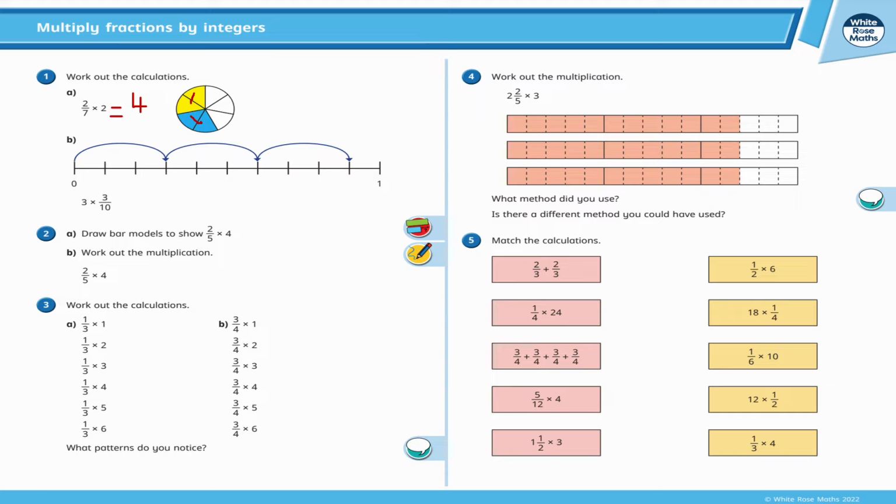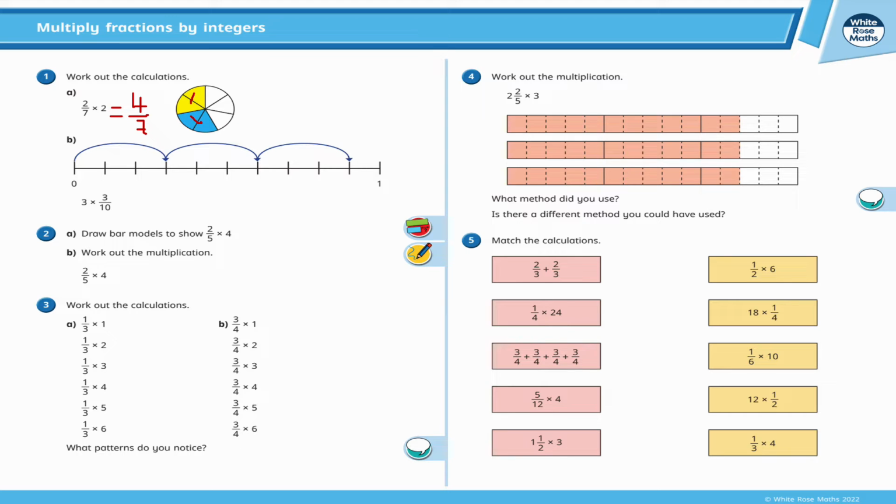Essentially, when you multiply a fraction by an integer, you multiply the numerator by the integer and keep the denominator the same. So here we have 2/7 plus 2/7, I get 4/7. Essentially, it's done on here.